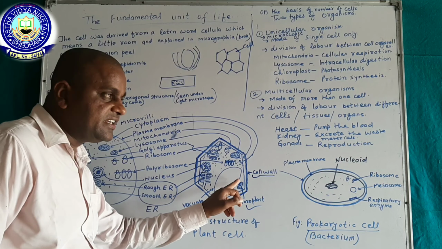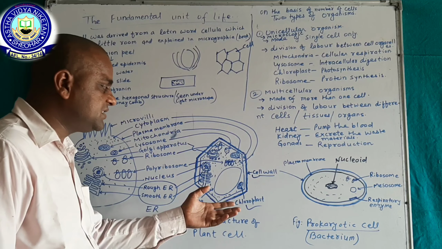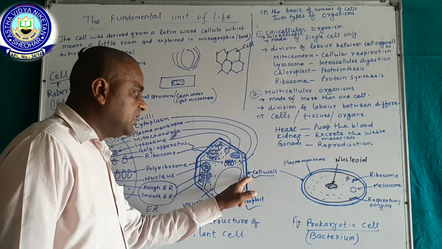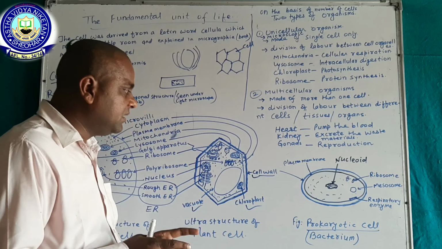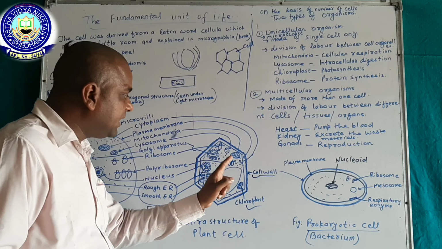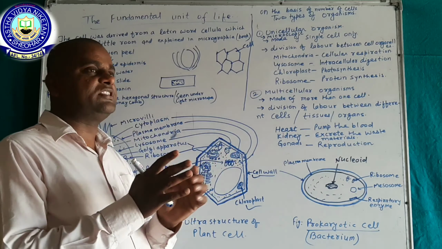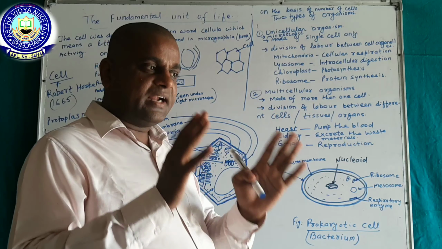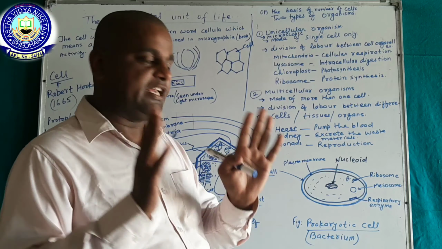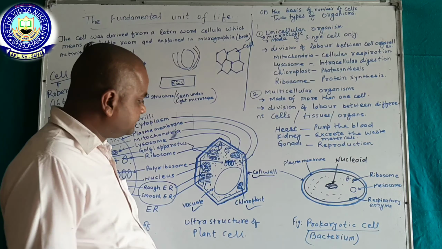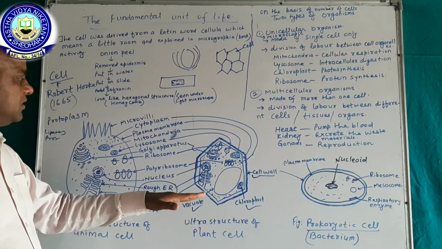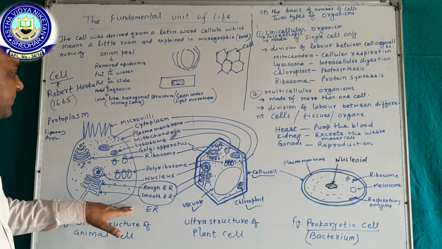Chloroplast helps in photosynthesis. The cell wall is permeable and gives the plant cell a definite shape. So in this way this has been completed.